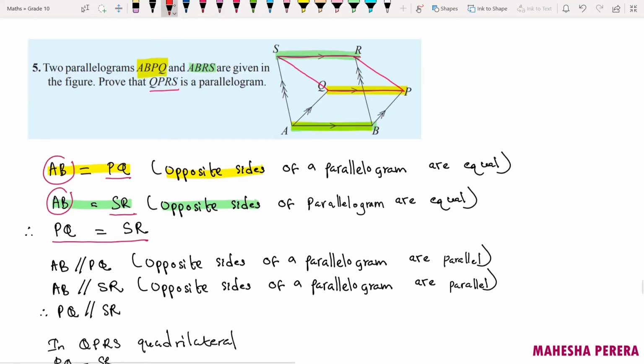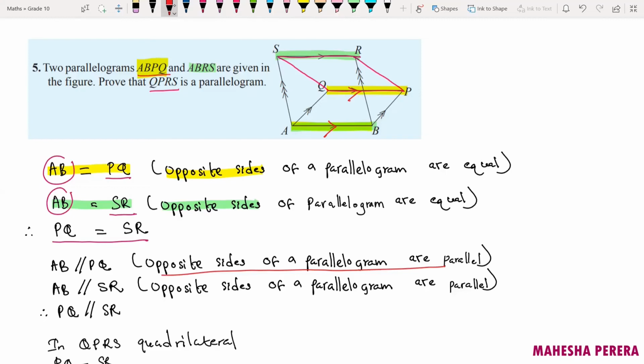Okay, right. Then again, if you consider this ABPQ parallelogram, this AB side is parallel to PQ side, right? Okay, because opposite sides of a parallelogram are parallel, right?